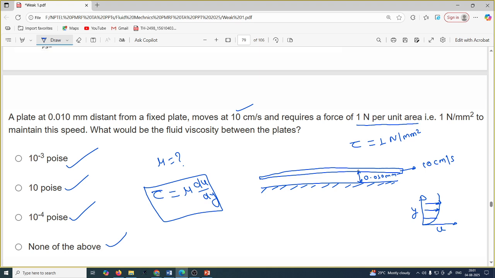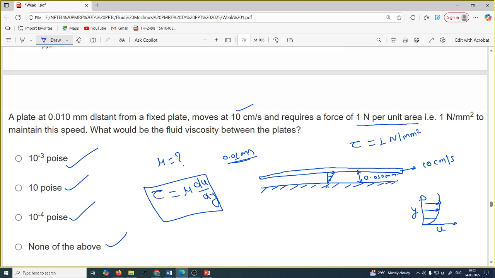But here your distance is very small, as you can imagine, 0.01 mm, very small. Means here your velocity variation, we assume it is linear.